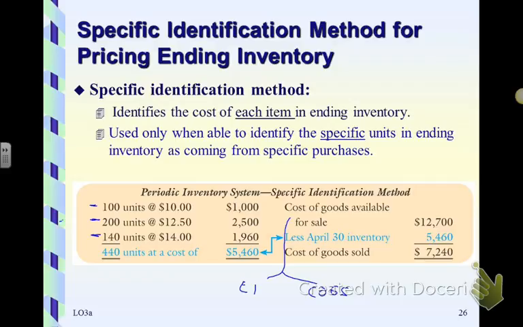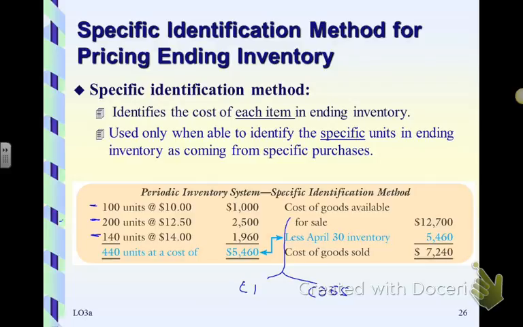April 30th, my ending inventory consisted of 100 units from the April 1st inventory. You can see on the chart it's showing 100 units at $10 per unit, because my April 1st inventory was at $10. Then I've got 200 units from the April 6th purchase, valued at $12.50, in my ending inventory.